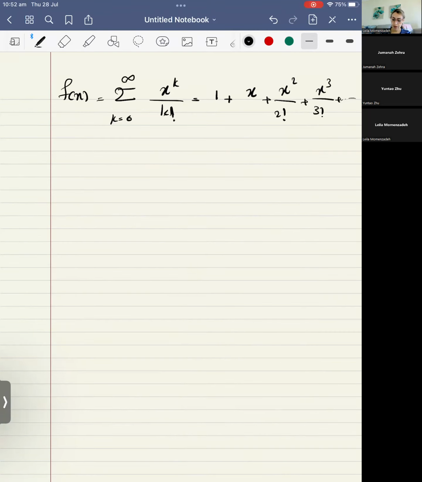And we want to see whether this series converges or diverges. Let's check.